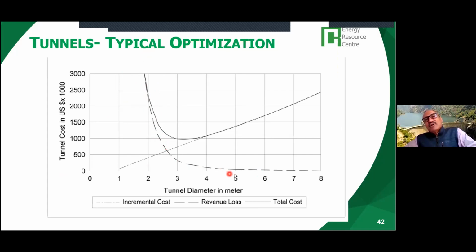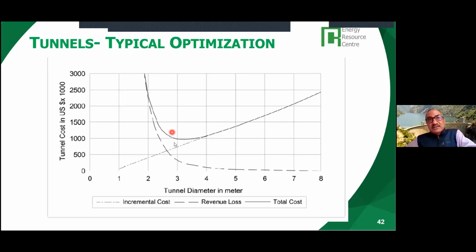So if you have 4 or 5, there is practically very little head loss, so you will not lose any money. But the question is, once you have larger diameter tunnels, the cost increases. So basically you have a total cost curve of cost plus the revenue loss.